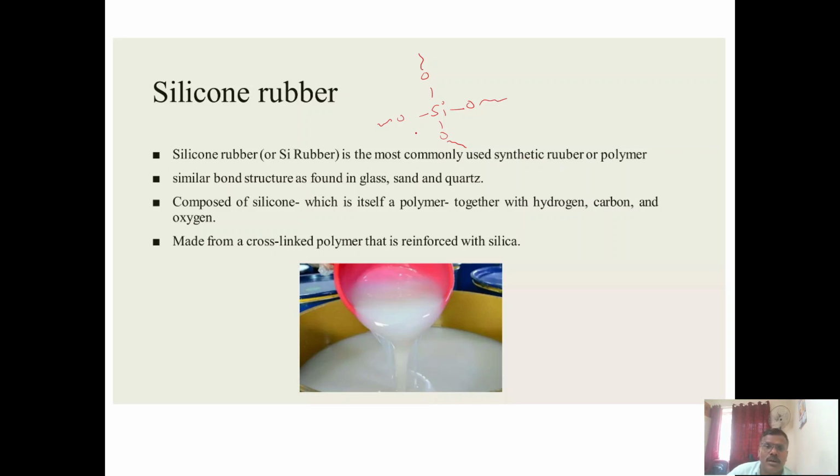Similar bond structures are found in glass, sand, and quartz. It's composed of silicon, which itself is a polymer, together with hydrogen, carbon, and oxygen. Made from a cross-linked polymer that is reinforced with silica.